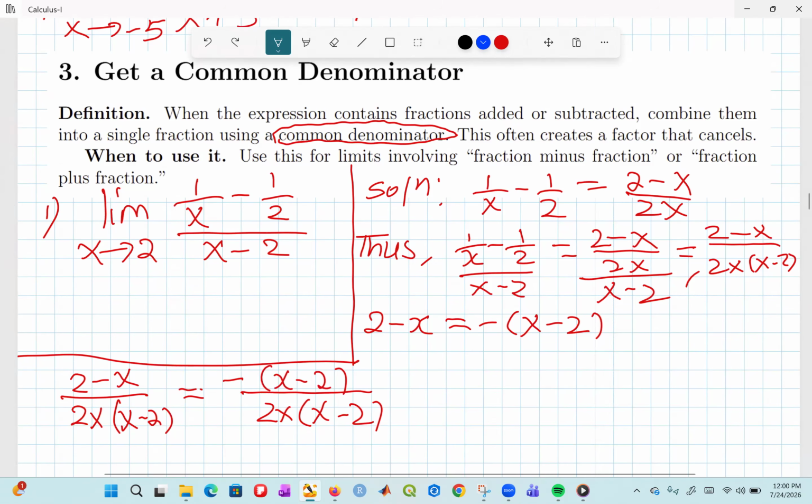Now we have a common factor, x minus 2, with x minus 2. This gives us negative 1 over 2x.